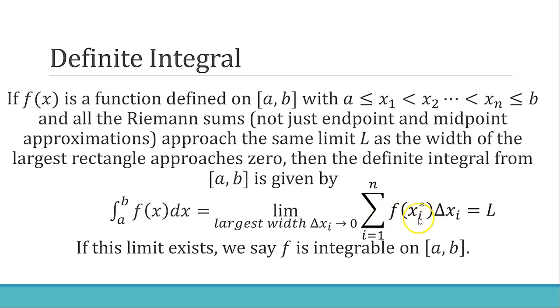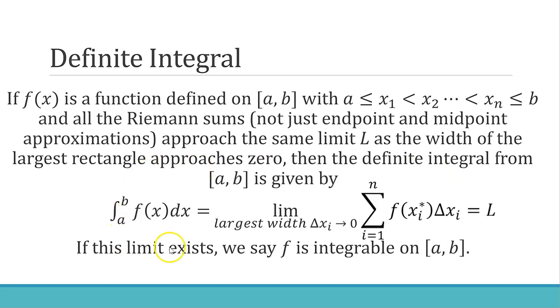We're going to add up all those rectangles, and that exact value, L, is the exact area under the curve. And if this limit exists, then we say f is integrable on the closed interval from a to b.